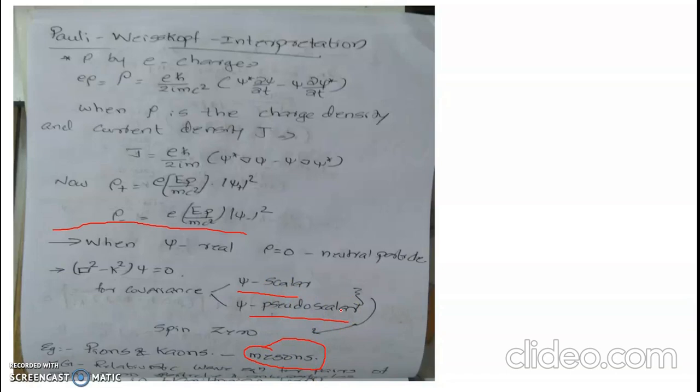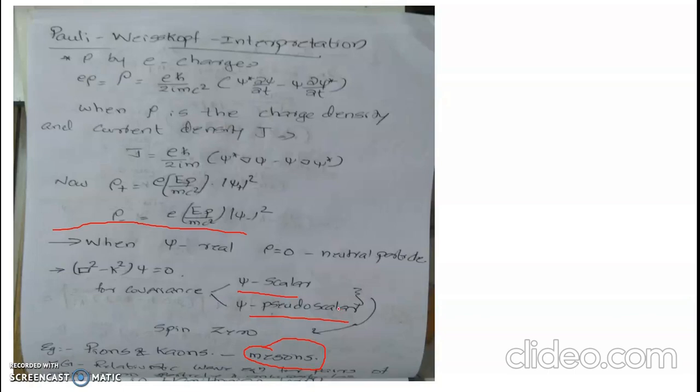So, summing up all these points that Weisskopf and Pauli have introduced, we can say that the Klein-Gordon equation is the true relativistic wave equation satisfied by microscopic particles having spin 0, because a particle that has a wave function which is scalar or pseudo-scalar has spin 0.